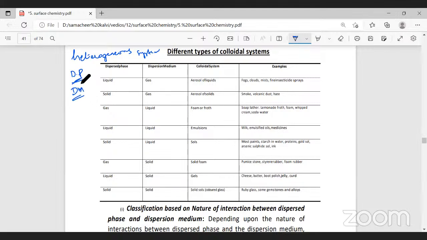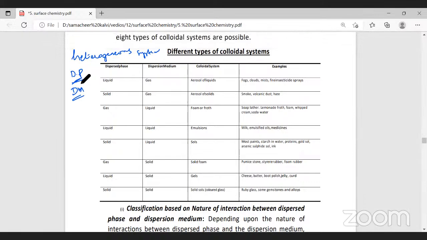Dispersed phase is defined as the particle which is distributed in the dispersed medium. For example, if we take smoke, smoke contains carbon particles. Smoke is made of carbon particles distributed in air.